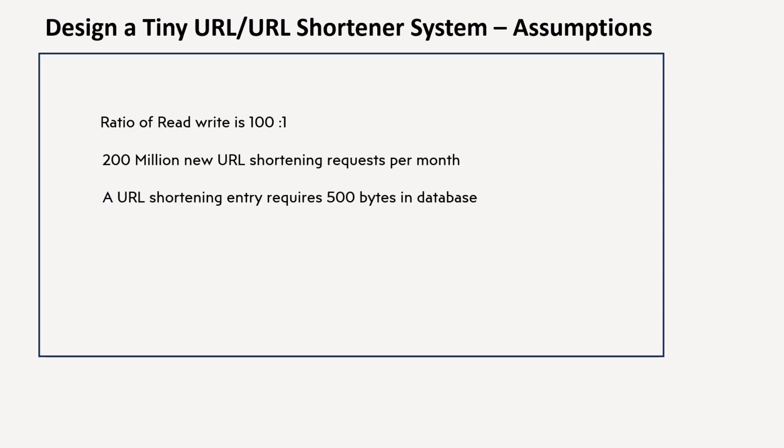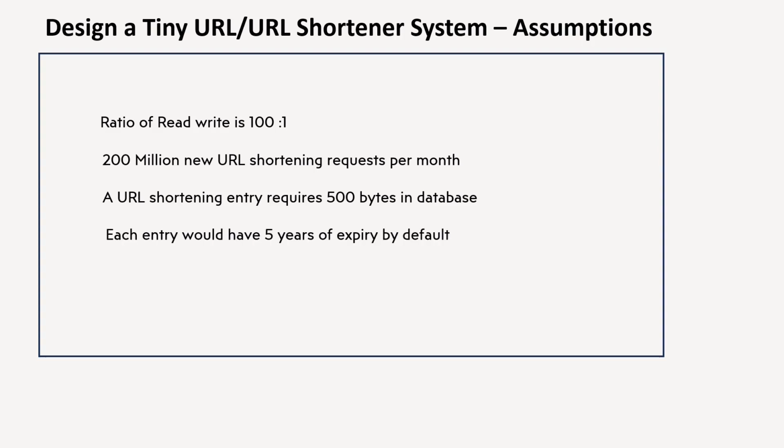Then, every shortening entry which we are creating will require some space. So we have assumed that it will require 500 bytes in the database, and you need to provision for that.